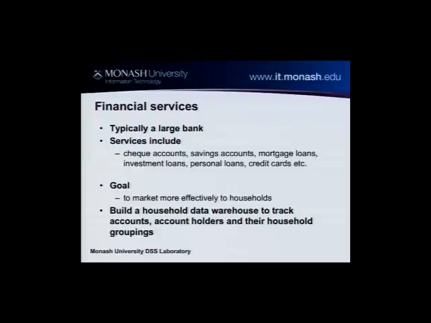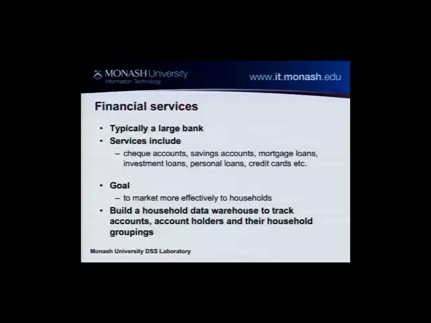One way of doing that is to analyse the postal address or the residential address of the customers. But that's an imperfect way of grouping customers together as a household. You might have several households under the one roof. You might have the one household living in a couple of different houses, perhaps. There's no neat, easy way of doing that.